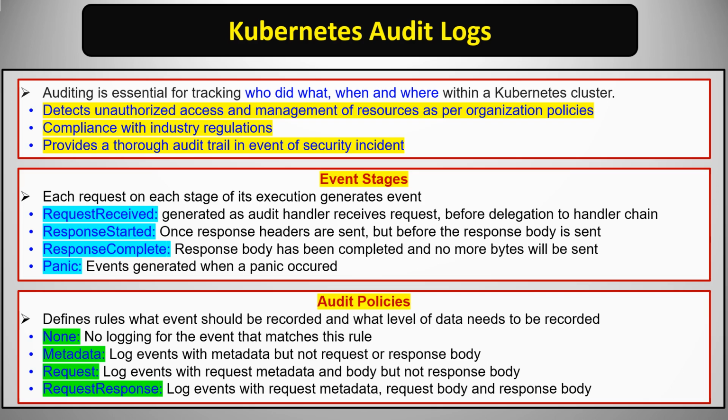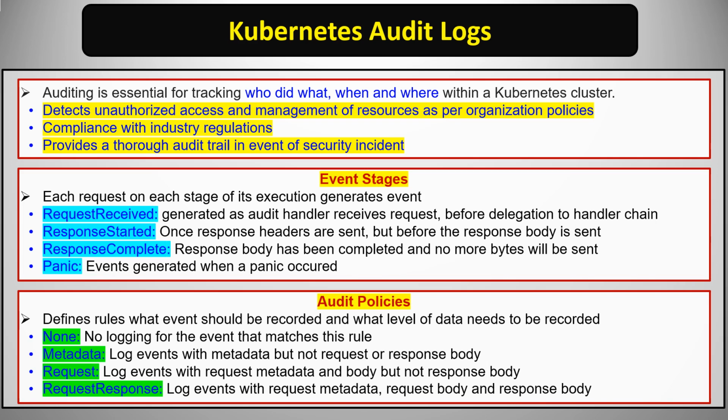Not all of the events are logged equally. Kubernetes lets you define what to log using audit policies. The first is none, which skips logging entirely for certain events. The second is metadata. It logs basic details, who and when, but not the request and response bodies. The next is request.